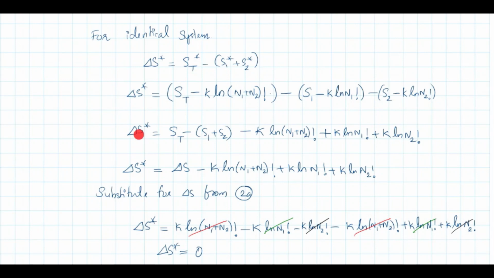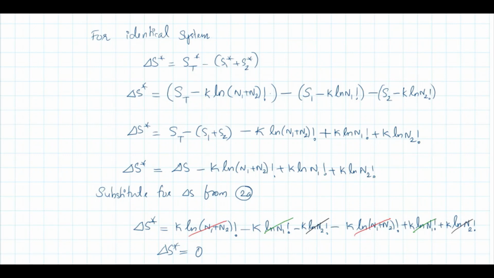Then delta S star equal to St minus S1 minus S2 combined together; you can write it as St minus (S1 plus S2). Then minus k log (n1 plus n2) factorial, plus k log n1 factorial, plus k log n2 factorial. St minus (S1 plus S2) is actually delta S. This is our previous version of delta S. This is the new version, delta S star.